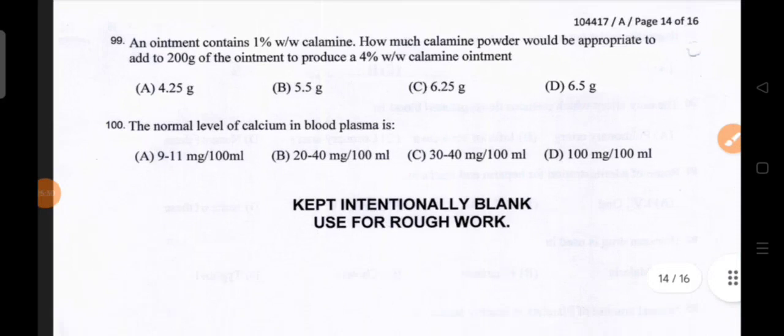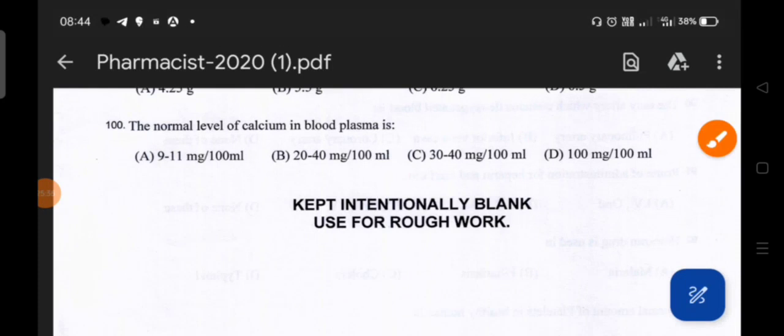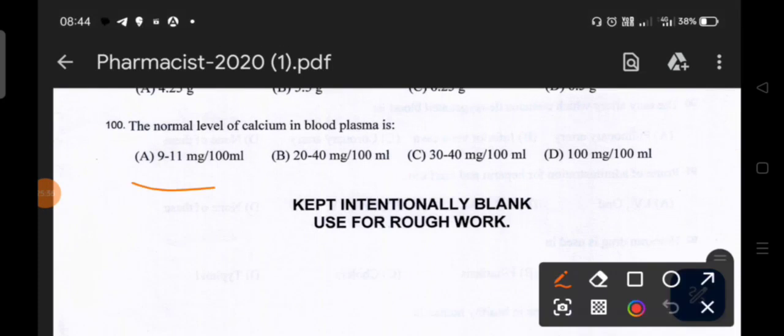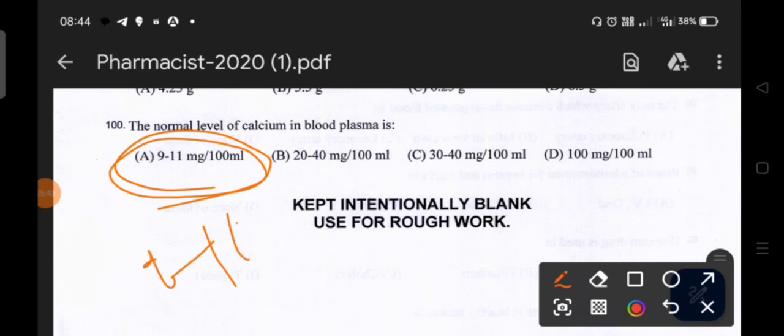So here option A will be the correct answer, 9 to 11 mg per 100 ml.